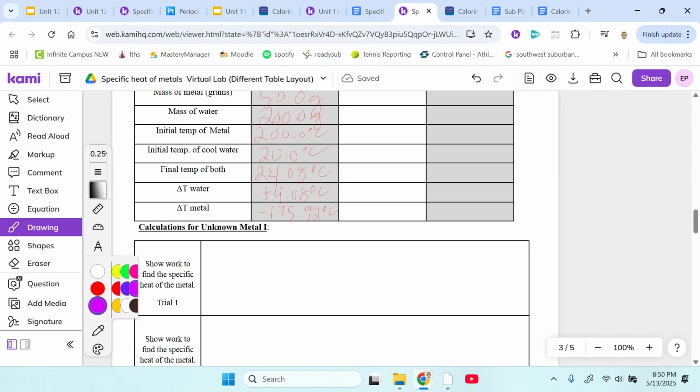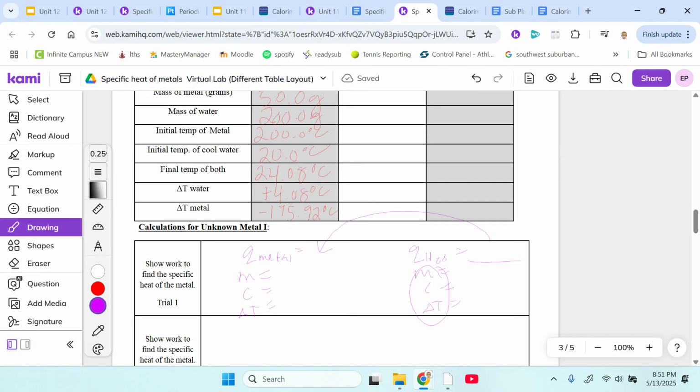You need to remember that Q of the metal is equal to the Q of the water. You can set up m times c times delta T on the metal side and m times c times delta T on the water side. Keep in mind you have to multiply m, c, and delta T to get the amount of energy the water absorbed.